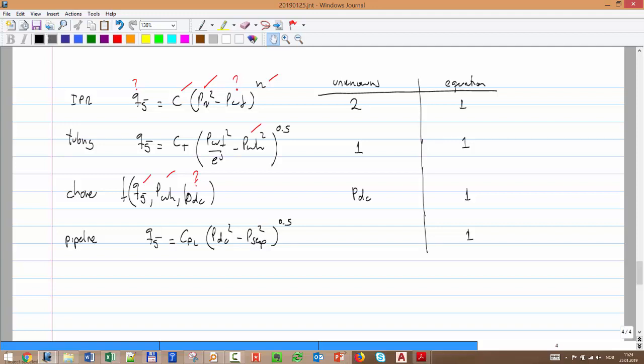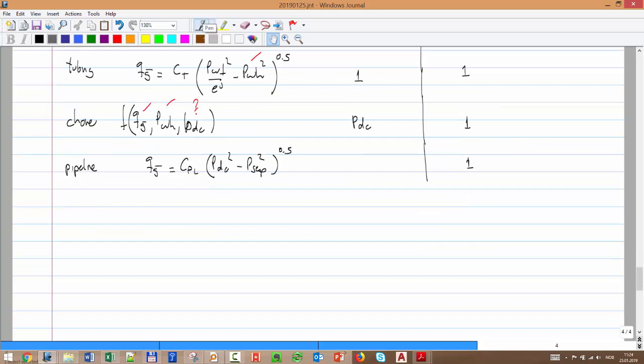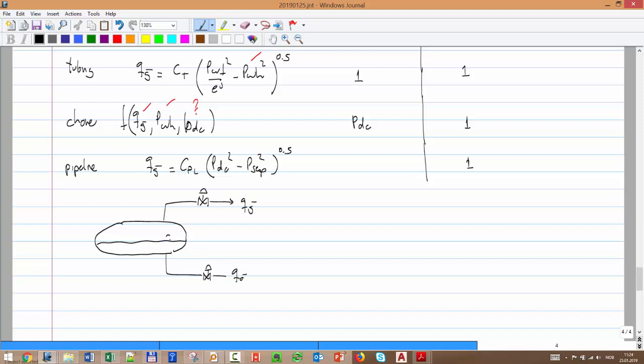Remember P separator: I have a control system making sure that no matter how much oil and gas I get, a level control keeps the level in the right place, and a pressure transducer makes sure the pressure remains constant.